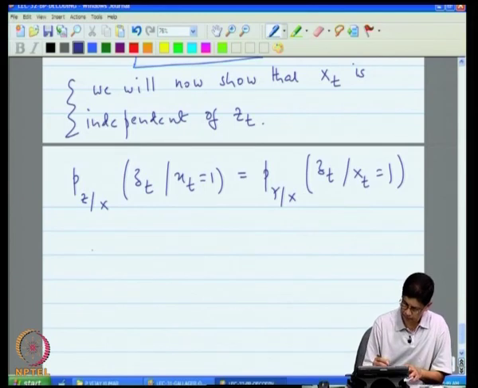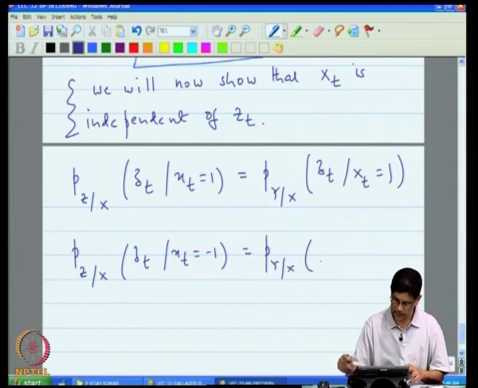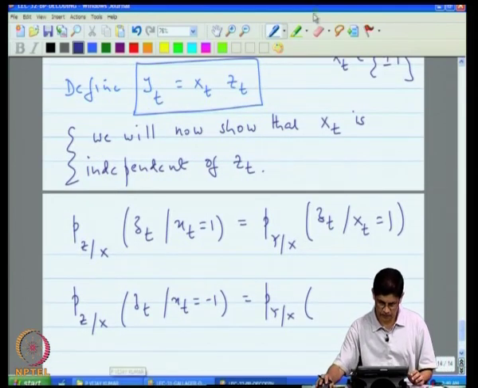Now, P of z given x of zt given xt equal to minus 1 is P of y given x, and this time, since xt is minus 1, this yt is equal to minus zt.